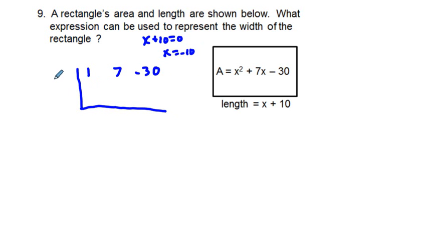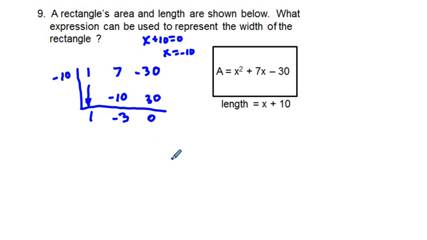So negative 10 goes on the outside. We bring down the 1, so we get 1x. Negative 10 times 1 is negative 10, and 7 plus negative 10 is negative 3. Negative 10 times negative 3 is 30, so we get a remainder of 0.